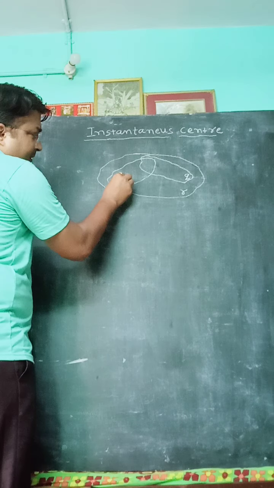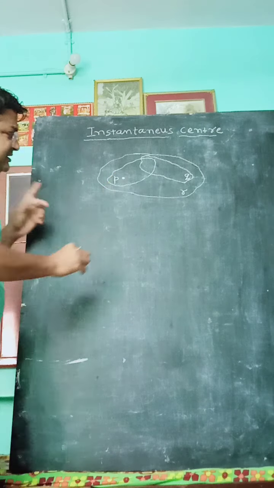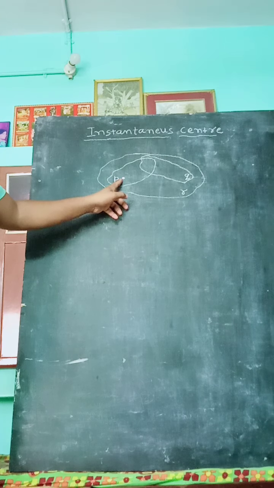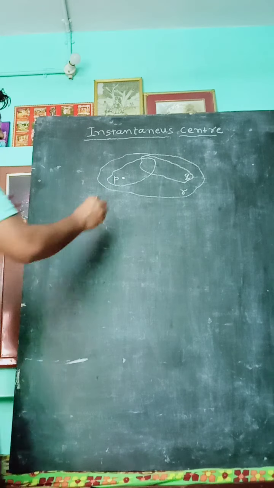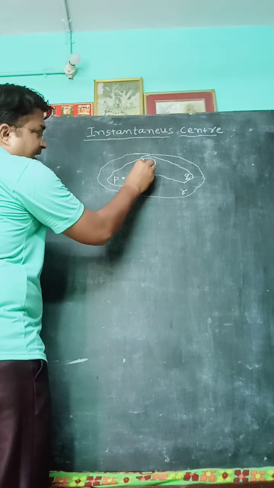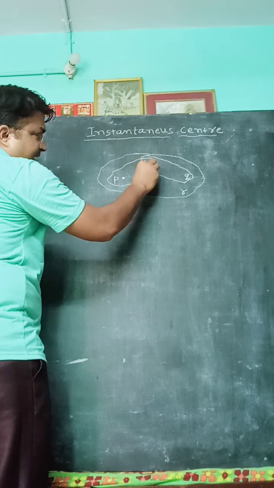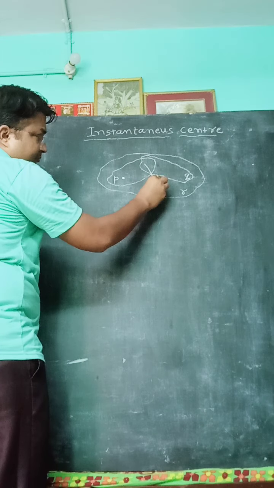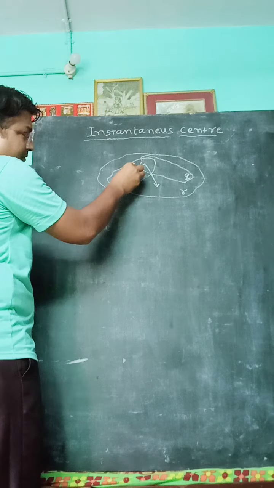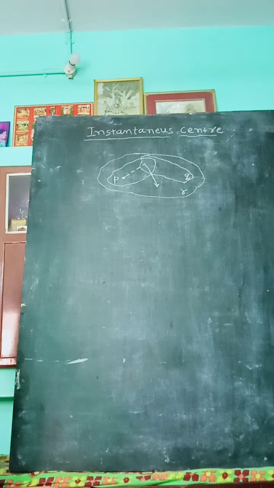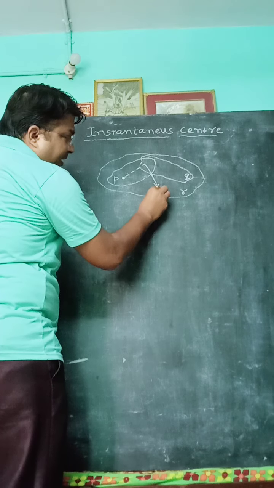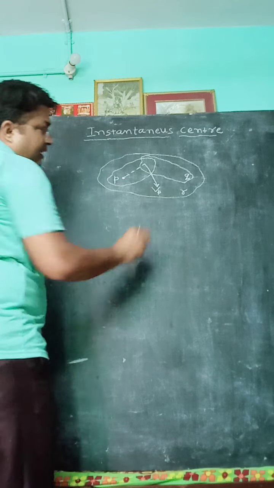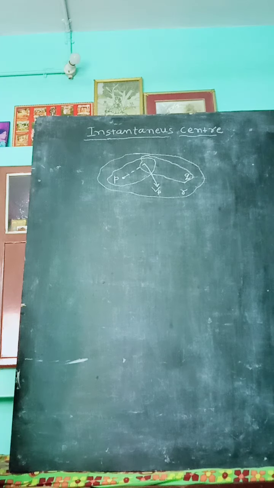Let me say, with respect to this imaginary center, keep these words in your mind, imaginary center, the velocity PR will be in this direction. So this is velocity P in this particular direction.